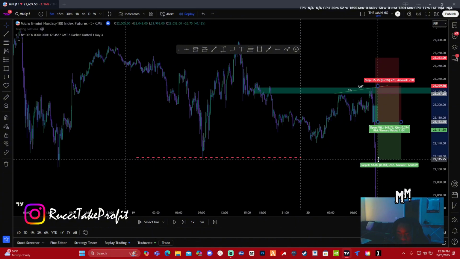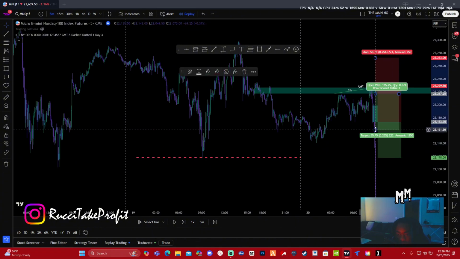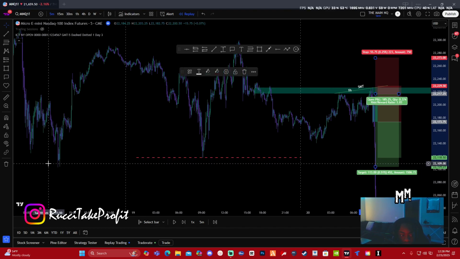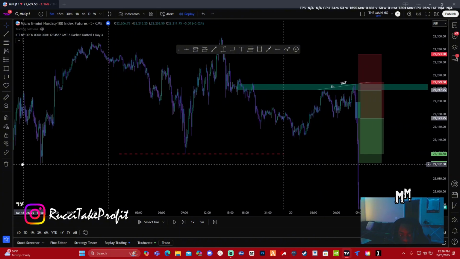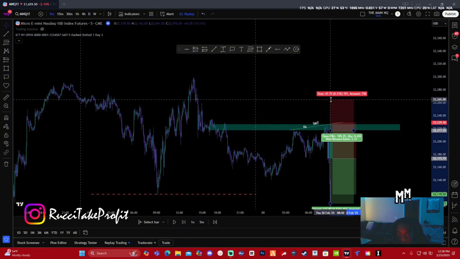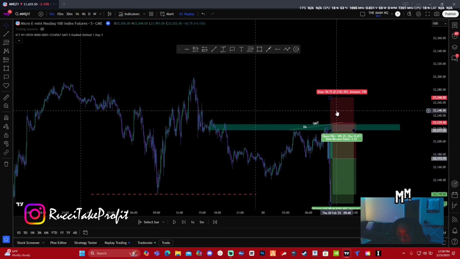It ran that previous day low. That target wouldn't have been that good, but this one definitely would have given almost about 100 points. And then also these lows right here were good. So either way, go 2-to-1. Risking 50 points, you're way up here, right?